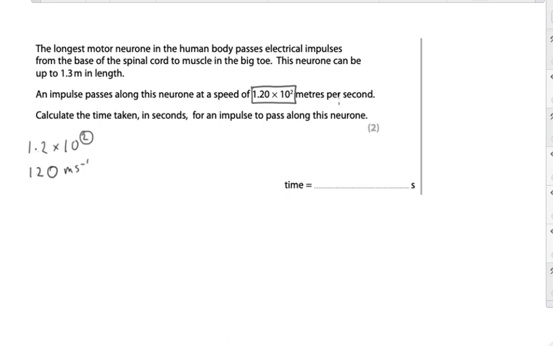So if we had, I'll just write over here, say we had 3, 1, 2, 4, 5, 6, and we wanted to write it in this notation and simplify it, we'd want to count 1, 2, 3, 4, 5, 6. That'd be 3 times 10 to the power 6.